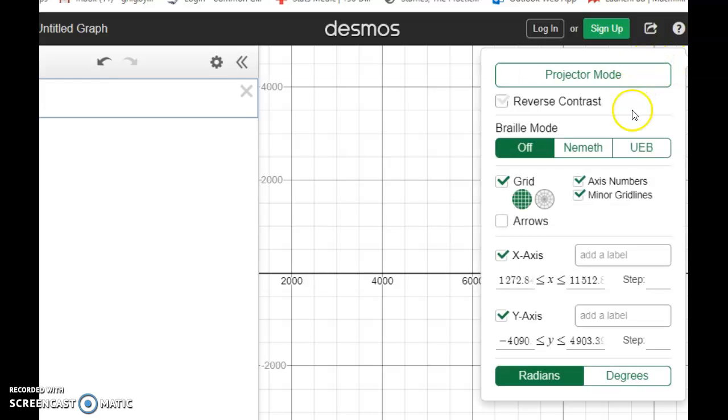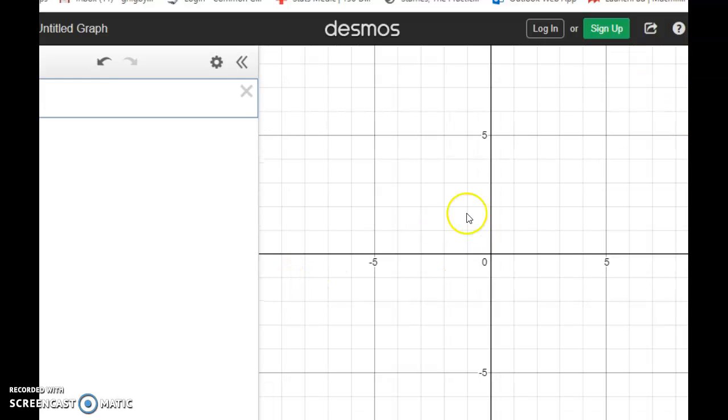And I actually have the same settings as the last time, so hit that home screen on the right and you'll go back. And I like to just write y equals, that helps me out.